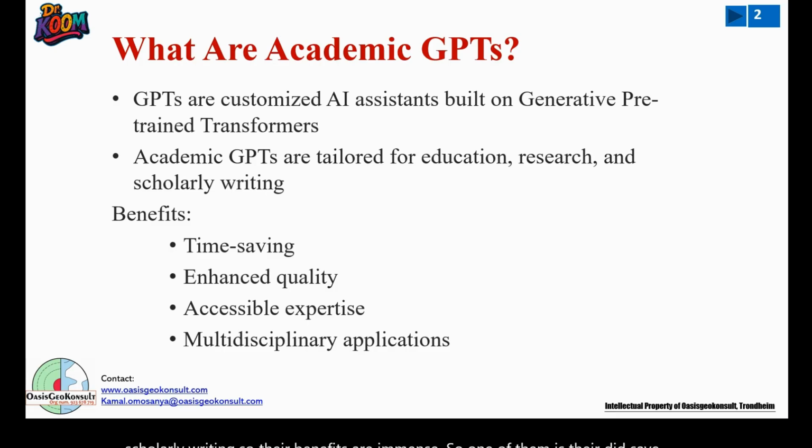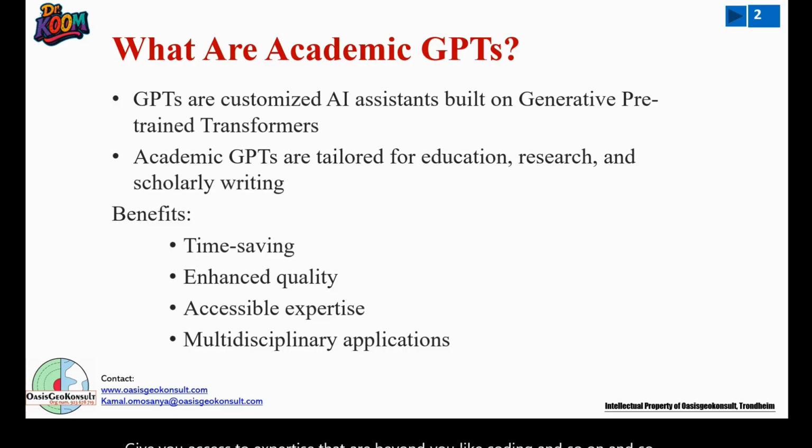They save you the rigor of working overnight, the rigor of spending time on things that you can automate. They enhance the quality of your work because they can provide guidance on things like outlines, for example. They can also give you access to expertise that is beyond you, like coding and so on and so forth. And there are multidisciplinary applications or apps that you can have access to.